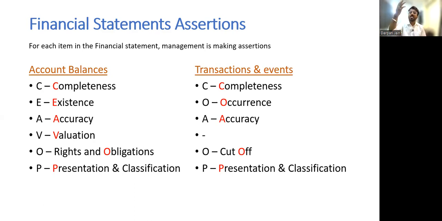Some fictitious plant and machinery, which is actually not present, but they have still included that amount in their books of accounts to just increase the value of their assets. So that is a check for existence.